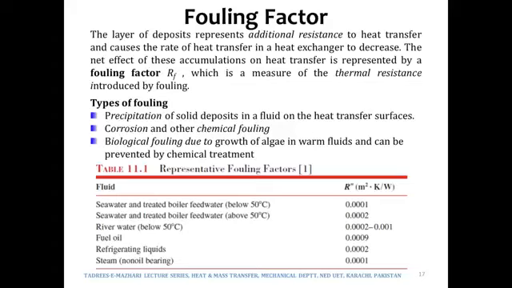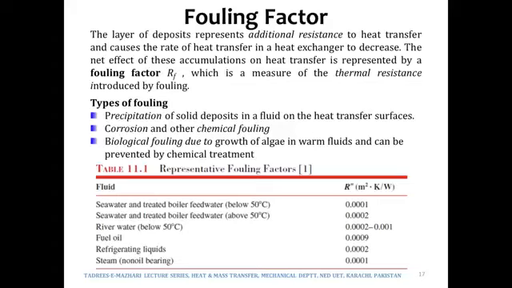The next topic is fouling. You know that when the fluids keep on flowing inside and outside of the tubes, particulate matter will start getting settled on the inner and outer surfaces of the tubes. This process is called fouling.